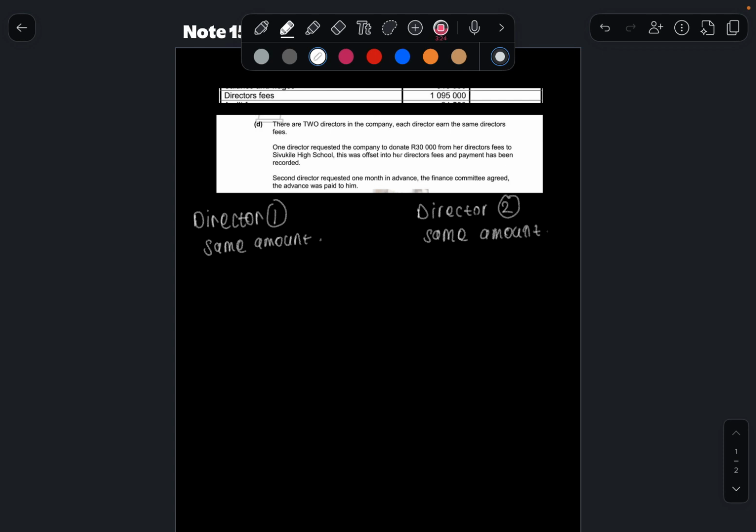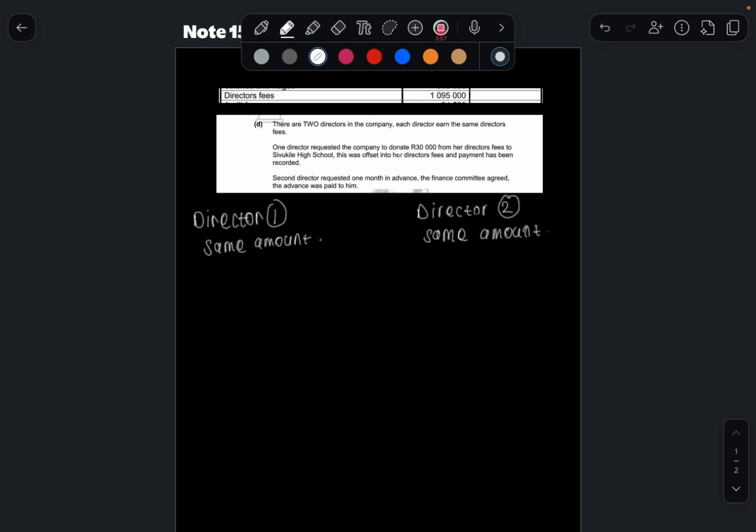So we can incorporate different information about them that will help us get the answer that we need. They say one director requested the company to donate 30,000 from her director's fee to Sivukide High School. This was offset into her director's fees and payment has been recorded. So what they're saying is that she donated the 30,000 to the high school, right?